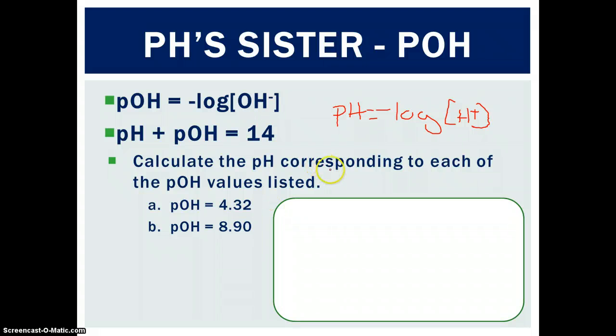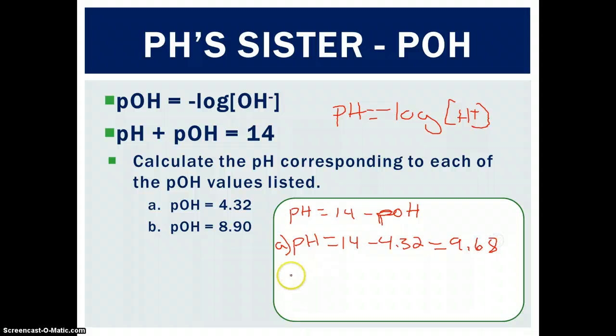So if you're given a pOH, it is so easy to find pH. pH equals 14 minus pOH, if I rearrange that equation. So for the first one, A, pH equals 14 minus 4.32, which is equal to 9.68. B, pH equals 14 minus 8.90, which is equal to 5.1. Easy as pie.